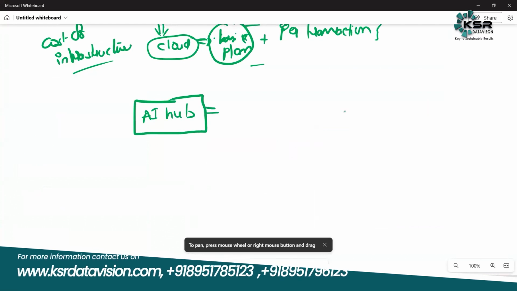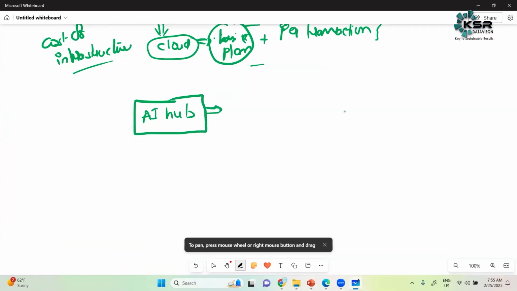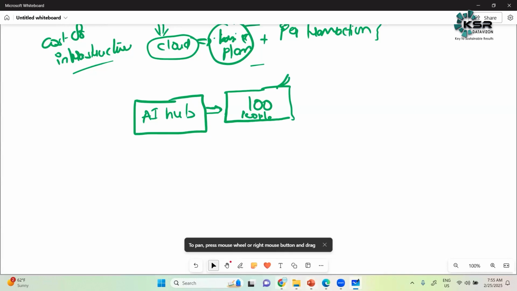Now let's say while deploying the model into the server or into the cloud, we design for 100 members maximum. I'm just giving an example, guys. 100 people are able to access the website at a time. This AI Hub, 100 members can access at a time.